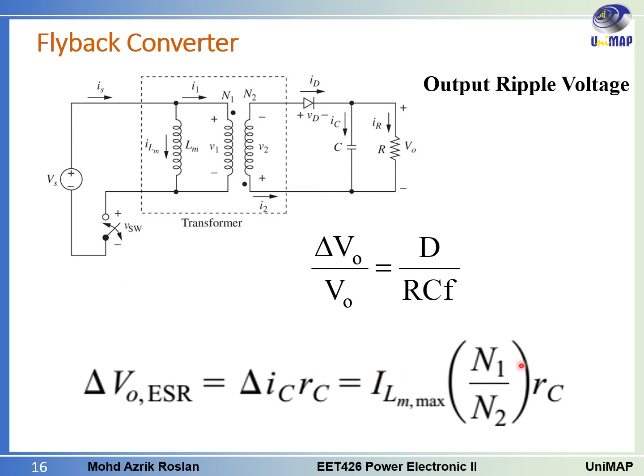And this delta IC will equal the ILM max, the maximum current that comes to the secondary winding, or the secondary circuit here.